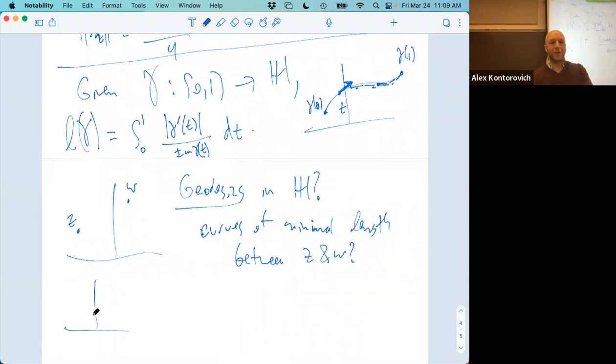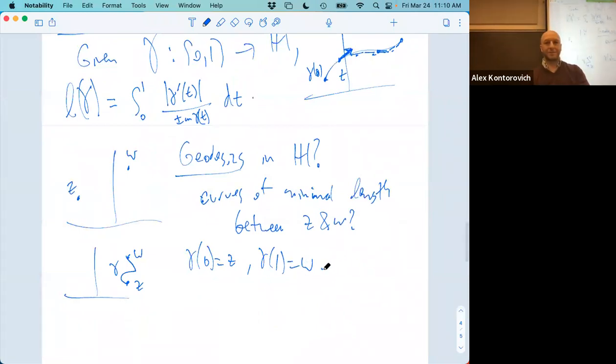Well, if one is right above the other, there's no reason for them to be on... So if this is Z and this is W, let's imagine a curve that goes from Z to W. So gamma of 0 is equal to Z, gamma of 1 is equal to W. We want to minimize the integral from 0 to 1, where gamma of t is x of t plus i y of t.